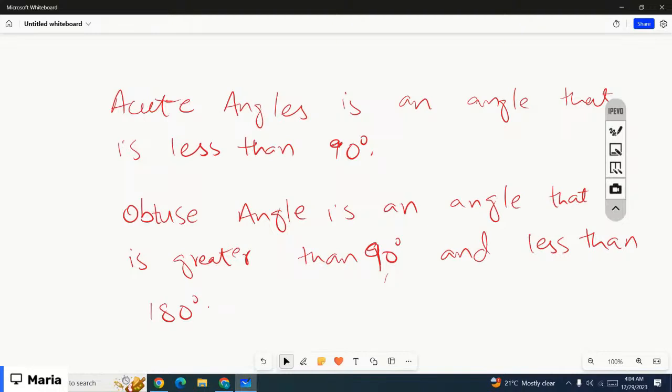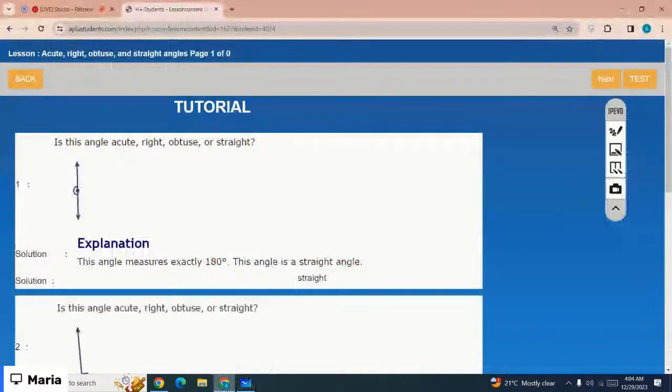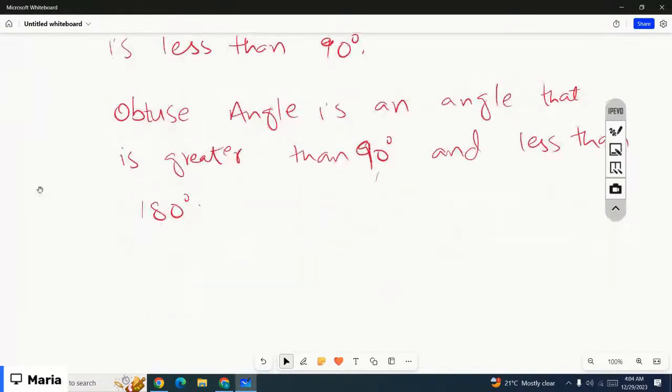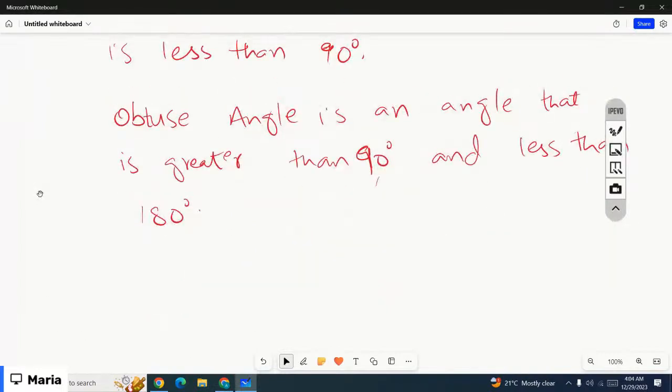So we are done with acute and obtuse angles, and the other two are right angle and straight angle. A right angle is exactly 90 degrees. Very good. You can note down these definitions, they are very, very important.